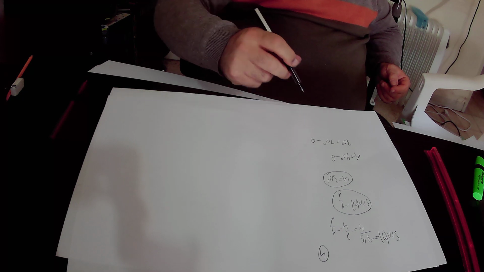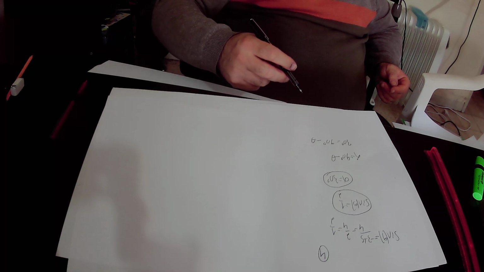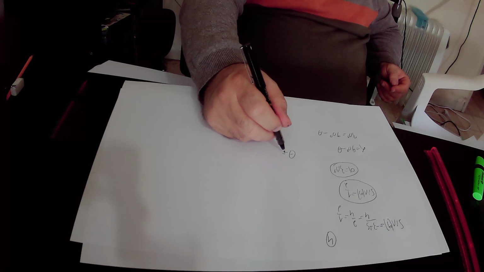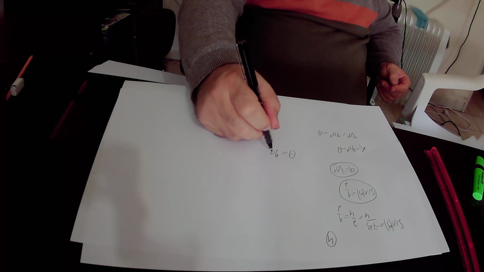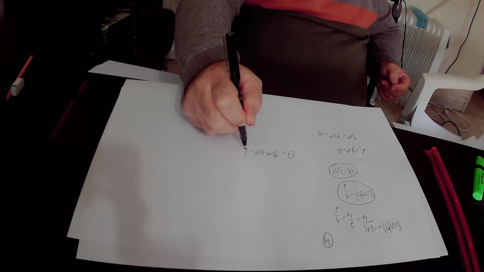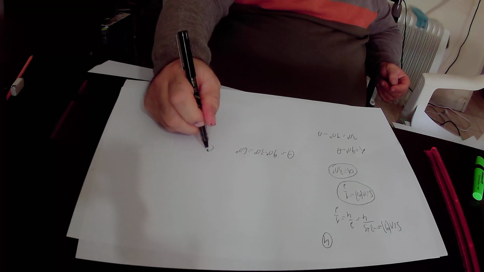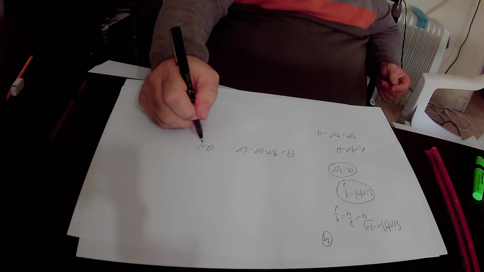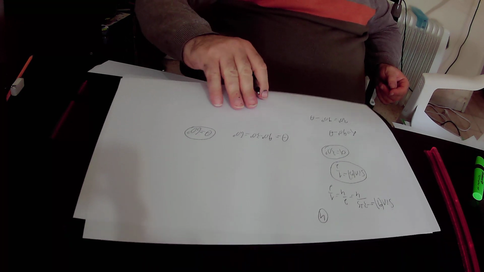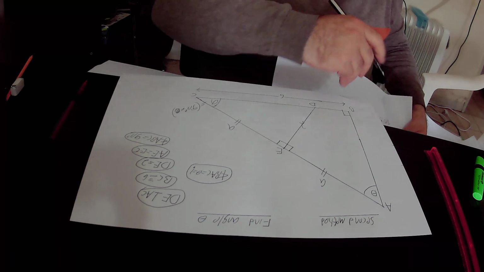We add theta to this equation and subtract 30 degrees, and we get that angle theta equals 90 degrees minus 30 degrees, which equals 60 degrees. So we found out that the size of angle theta, the angle that we are looking for, is equal to 60 degrees.